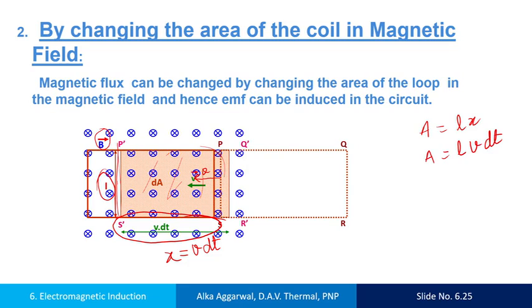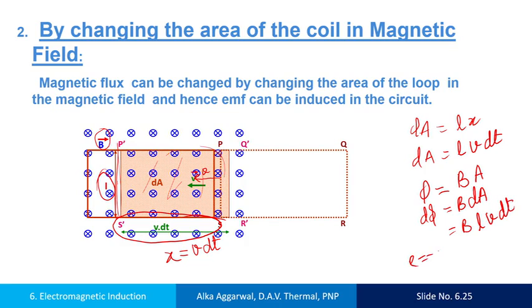Now the flux is B into A, or the change in flux is B into dA. Here we are talking about the change in the area, so it is B into L into v into dt. EMF is equal to minus d phi by dt.